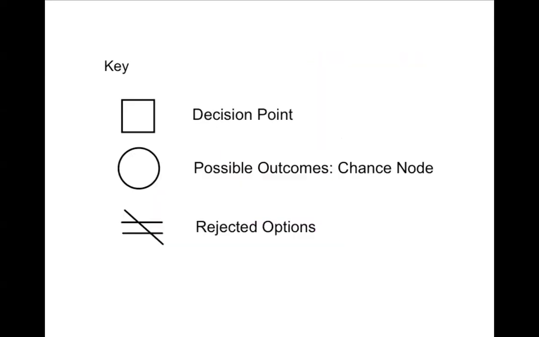So let's take a look at the key. Every decision tree you create will have a key that goes with it to show that the square is the decision node or decision point. The circle is the possible outcomes or the chance node. And then the mark through the branch is known as the rejected option or options, depending on how many options we have.